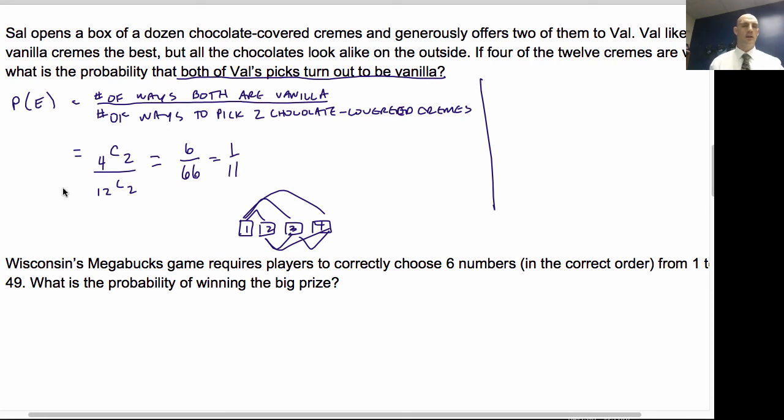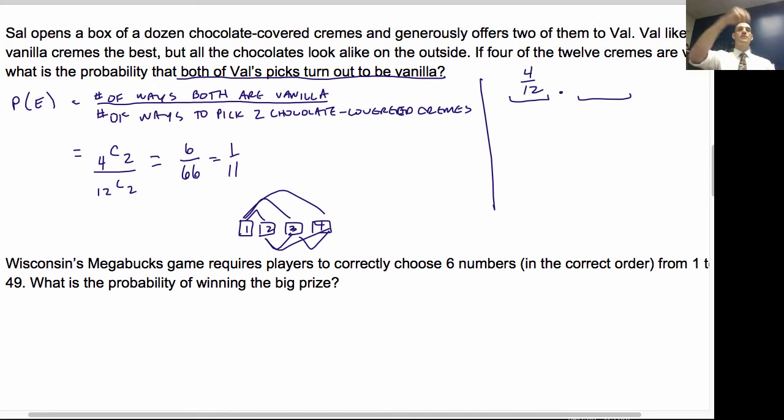Maybe you're a person who thinks like me in some ways, and you think about this as 2 events. Sal is physically going to hand her 2 chocolates. Well, we're going to assume that it happens the way that it needs to happen, 2 vanillas. In the first chance, when he reaches into the box, what's the chance that one of them is vanilla? It's a 4 out of 12 chance.